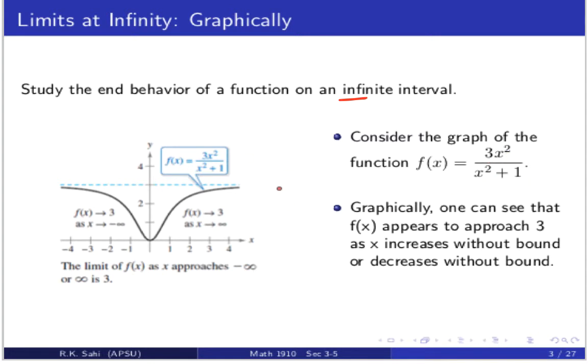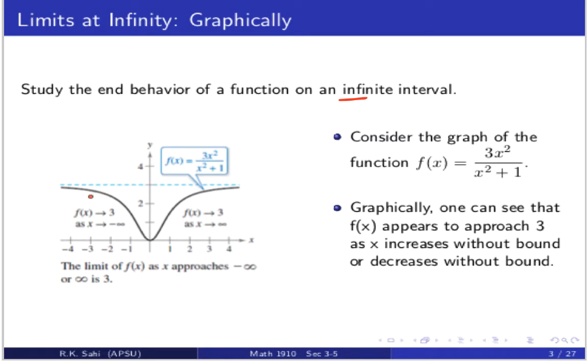So clearly on the left-hand side of the slide, we can see that as x is increasing or x is decreasing, the function value is approaching 3. As x keeps on increasing, it's going to approach 3 but never touch it.